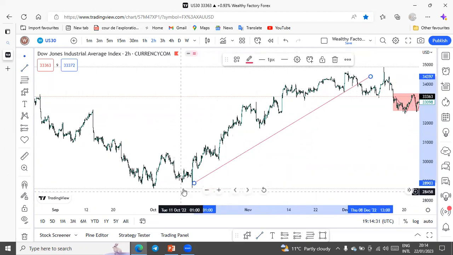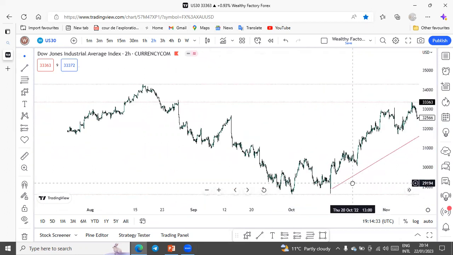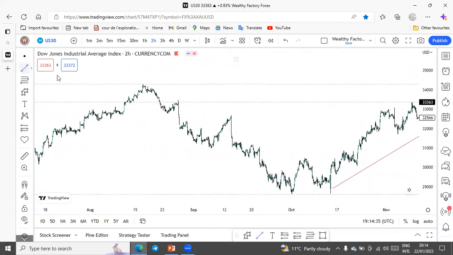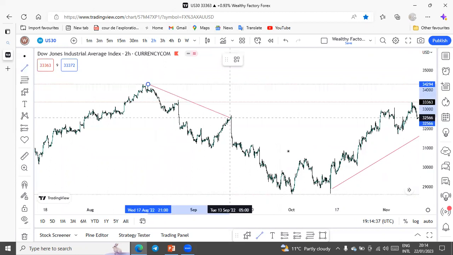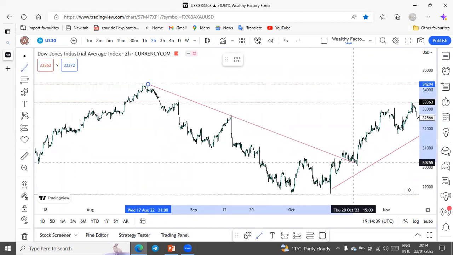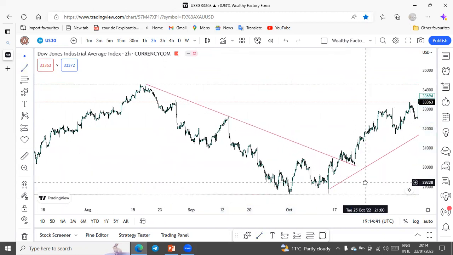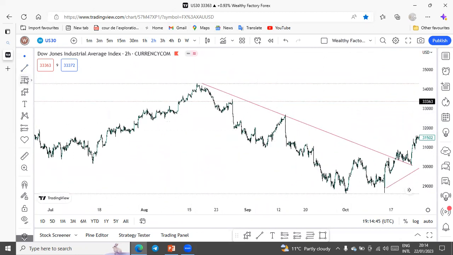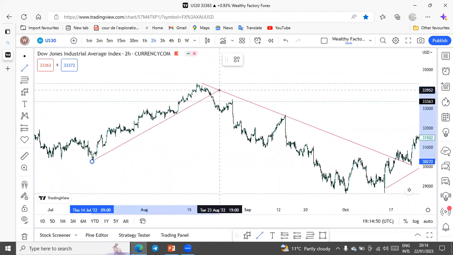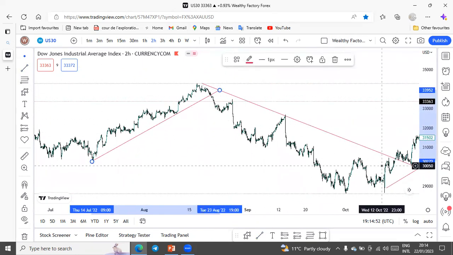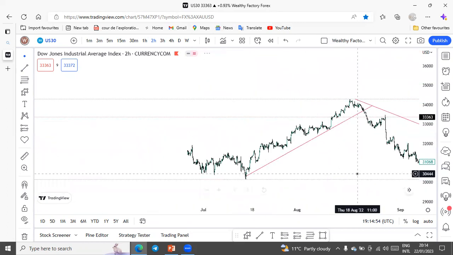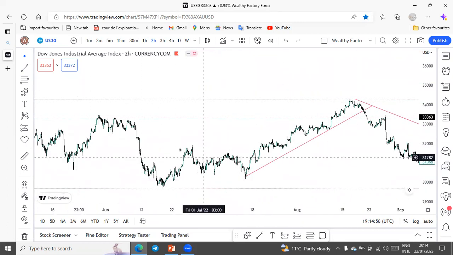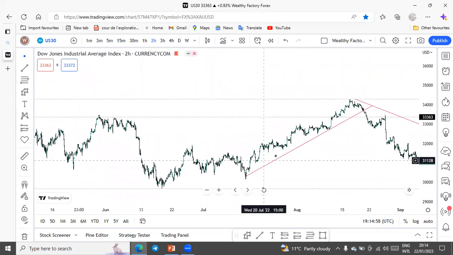You're going to be looking for buying opportunities. So you can see, you guys, that the market is either moving up, or it's moving down, or it is making a consolidation.